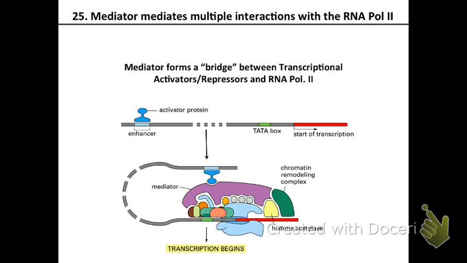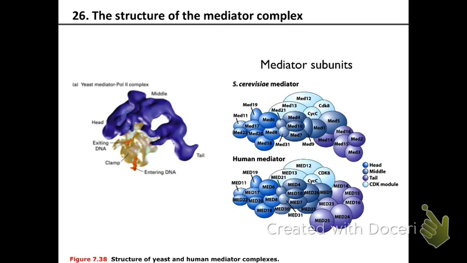So this mediator complex is pretty amazing. It's really well conserved. It's made out of many, many subunits. And if you look at the mediator in yeast and compare it to the human mediator, you find the same subunits over there. It has certain modules that accomplish different things.